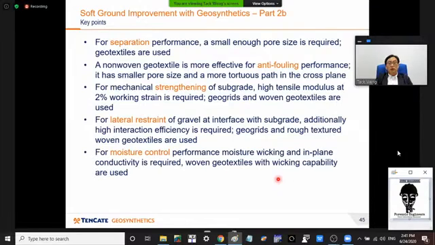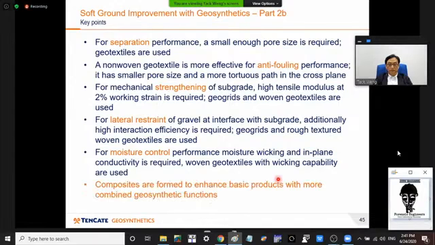And for moisture control, it is the fabrics that have got a wicking function and in-plane conductivity, in-plane permeability that are used. Composites are formed to enhance basic products with more combined geosynthetic functions.